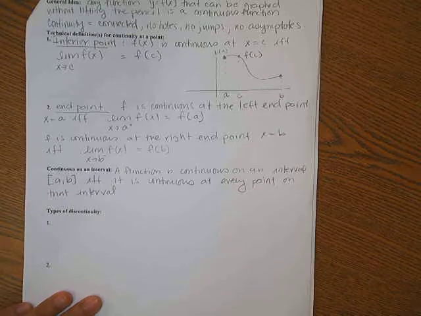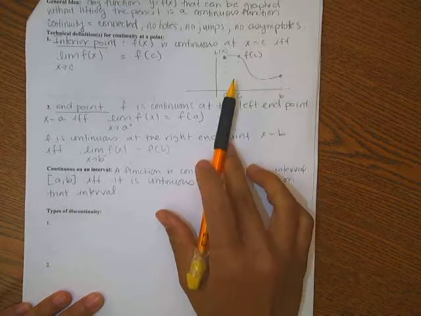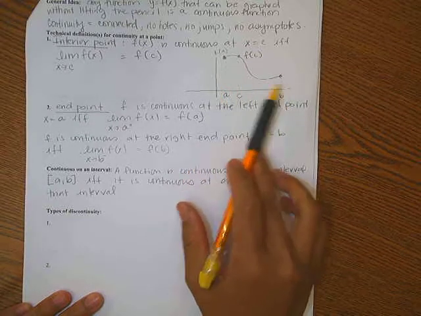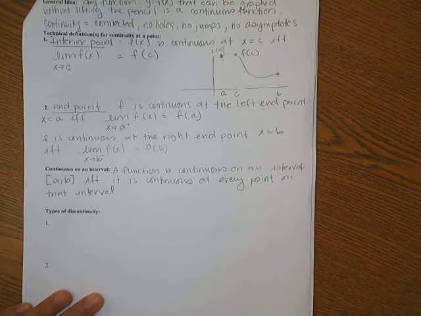That's really saying that from A to B, there are no holes, there are no jumps, and there are no asymptotes.